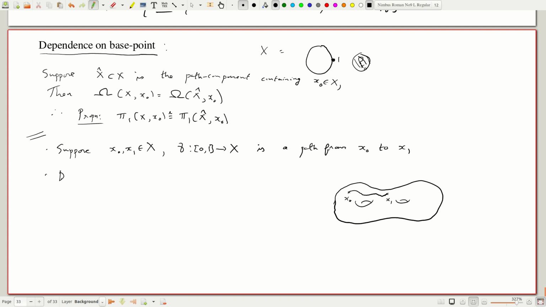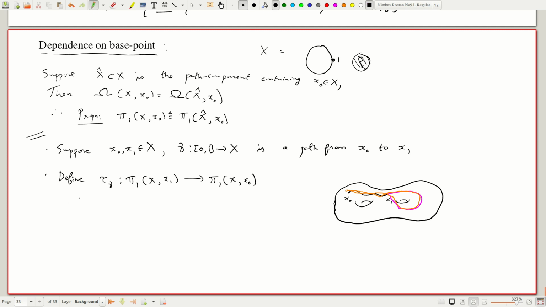So let's define a map. I'll call it tau gamma, for transport, from pi1 of X, x1, the final point, to pi1 of X, x0. To look at it as a picture, if I have a loop here, for example this one, then I get a loop which is based at x0 by simply following the black path, which was gamma, then this loop, and then following gamma back.